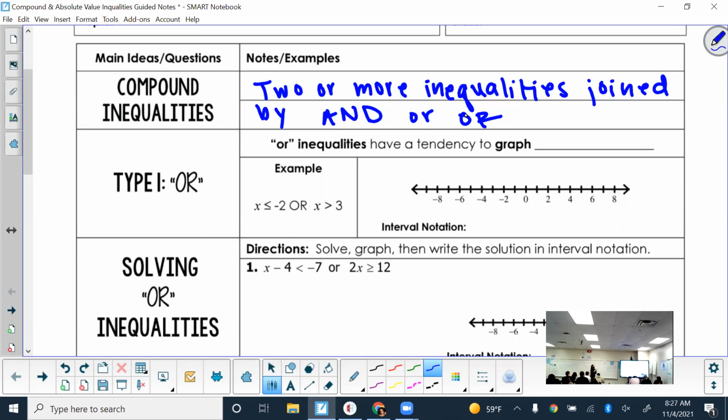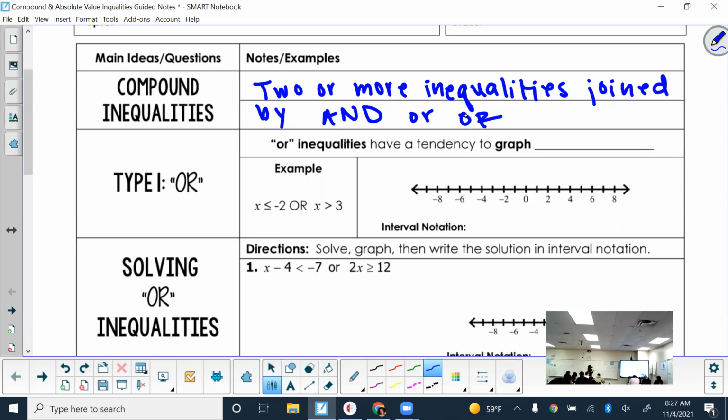One or the other, right? That's why I said "or". If I told you to do the evens and the odds, what does that mean? All of them, right? They both have to be true. So that's the same for compound inequalities. If I have the word "or", which is the first ones that we're going to look at, only one of them has to be true for it to be a solution.